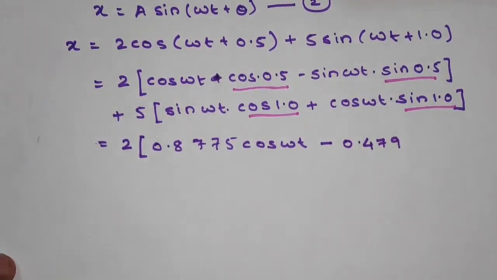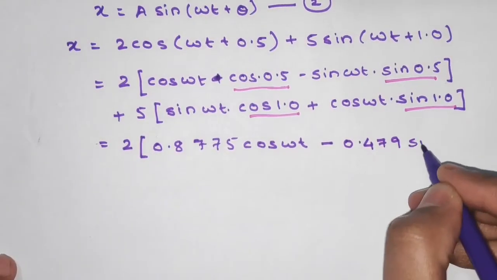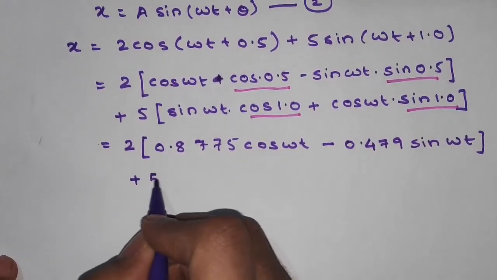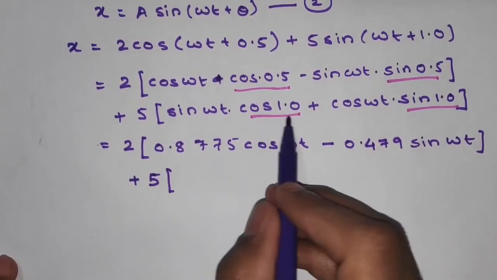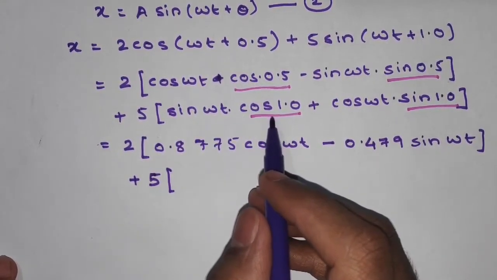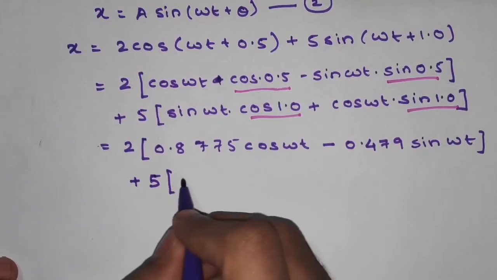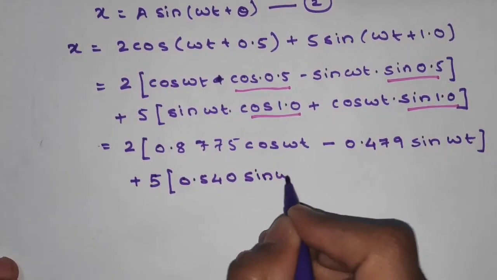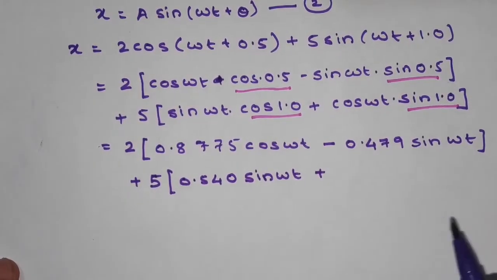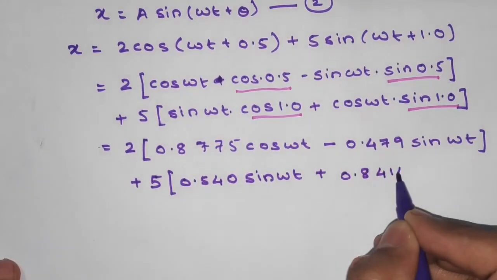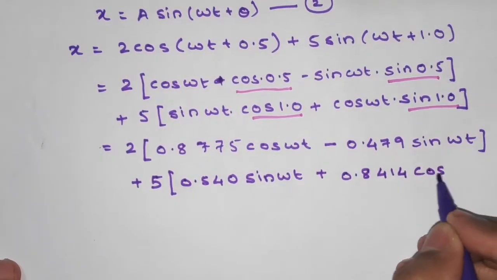minus sin 0.5, which gives the value 0.479, into sin ωt. Similarly, 5 into cos 1.0, which gives the value 0.540, into sin ωt, plus sin 1.0, which is 0.8414, into cos ωt.